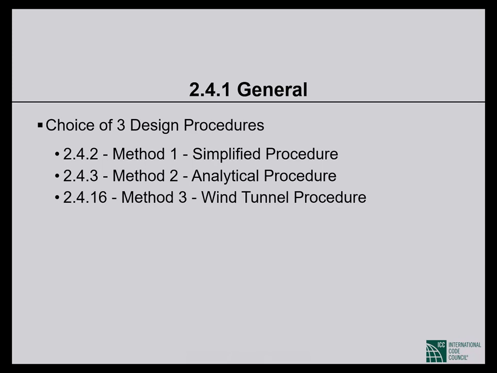The name has very recently changed, but that's immaterial. The important thing is that under method 2, analytical procedure, there are two distinct and separate methods: the all heights method and the low-rise analytical procedure. If you design the same building by the two procedures, you will not get the same answers. They are distinct and separate.